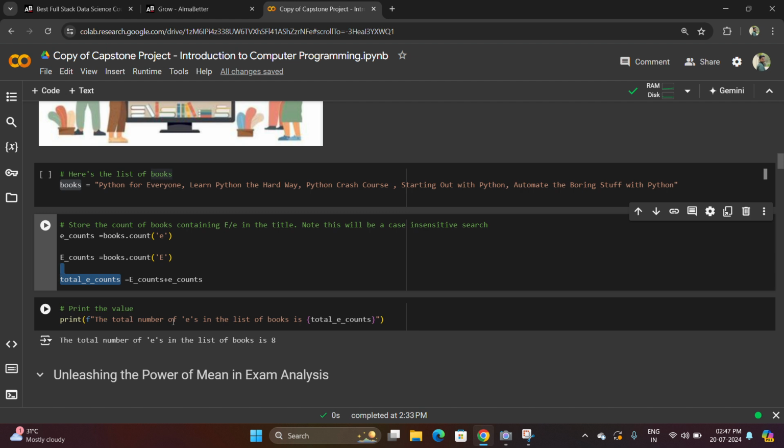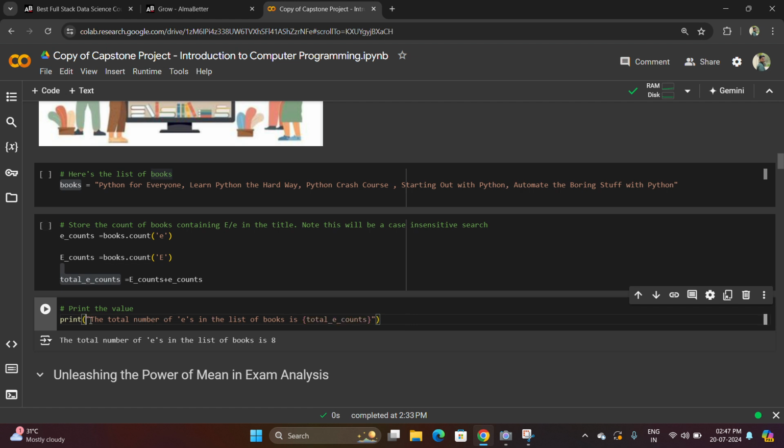The total number of e's in the list of books is total e counts. This variable will have the total number of capital E's and small e's stored. So the total number of e's in the list of books is 8. Okay.